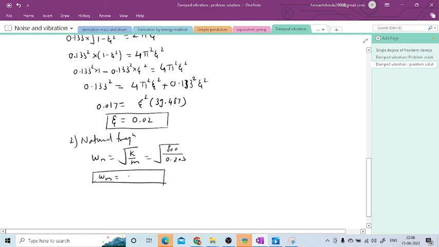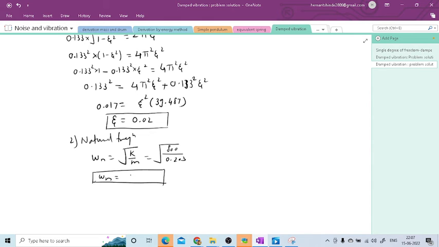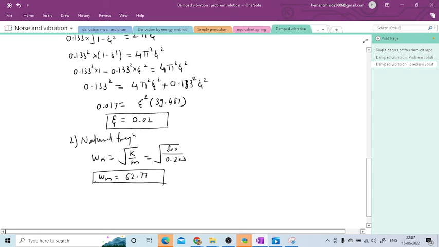So wait, I am solving. So this answer is 62.776 radian per second. So this is the value of omega n.